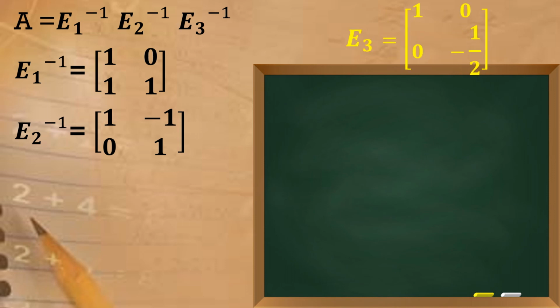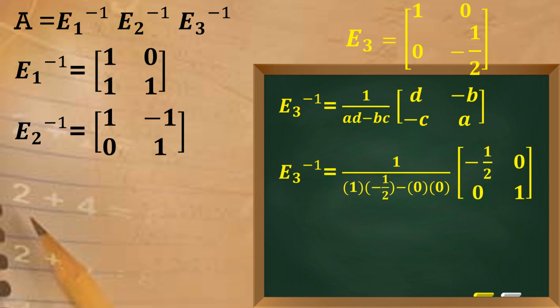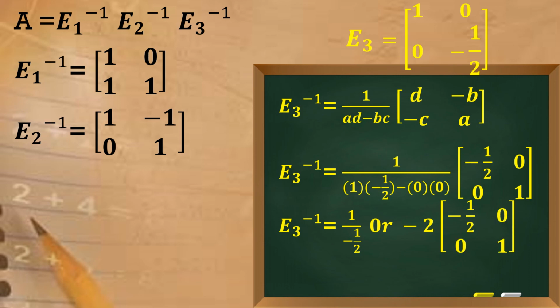Next, E sub 3 is equal to [1, 0; 0, negative 1 half]. Using the same formula, E sub 3 inverse is equal to 1 over (1 multiplied by negative 1 half minus 0 multiplied by 0) multiplied by the matrix [negative 1 half, 0; 0, 1], equals 1 over negative 1 half, or negative 2, multiplied by [negative 1 half, 0; 0, 1]. So E sub 3 inverse is equal to [1, 0; 0, negative 2].